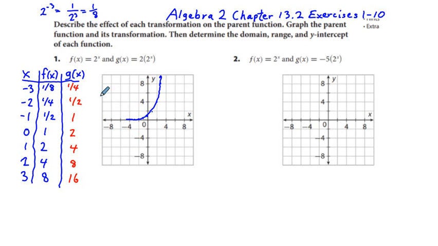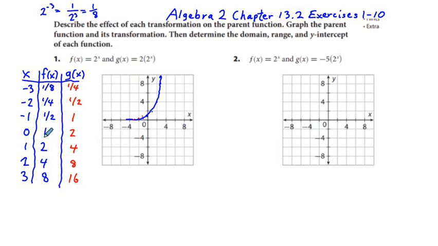So if we look at input value of -3, we have output value of 1/4. And then we have input value of -2, we have output value of 1/2. Input value of -1, we have an output value of 1. So about right here.